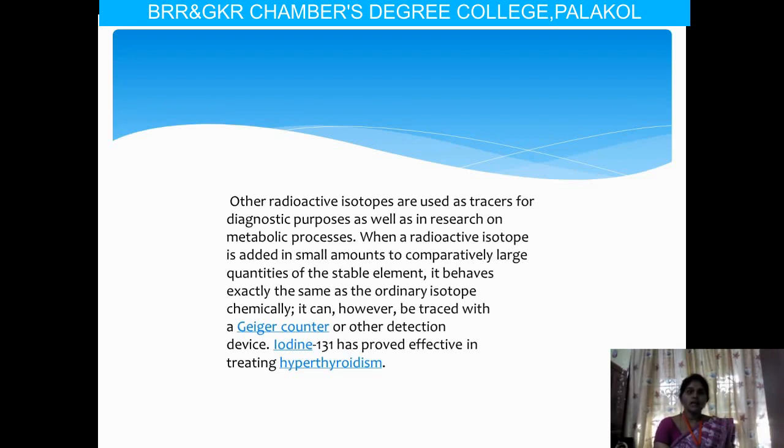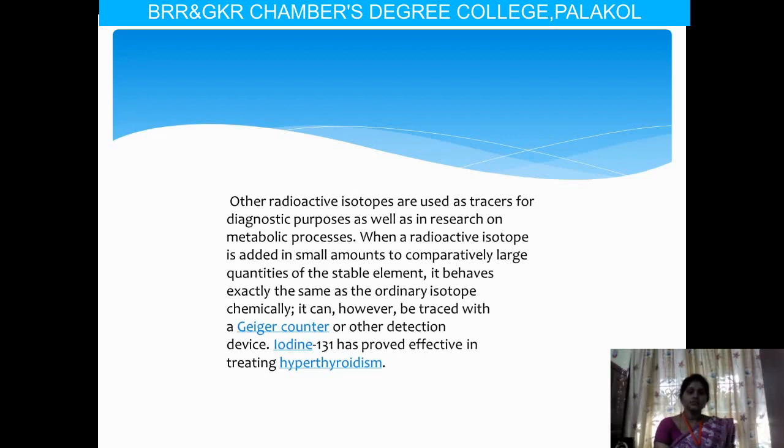They are added in small amounts to comparatively large quantities of stable elements. They behave exactly like the ordinary isotopes, and can be traced with a Geiger counter. In the next section, I will talk about Geiger-Müller counters.